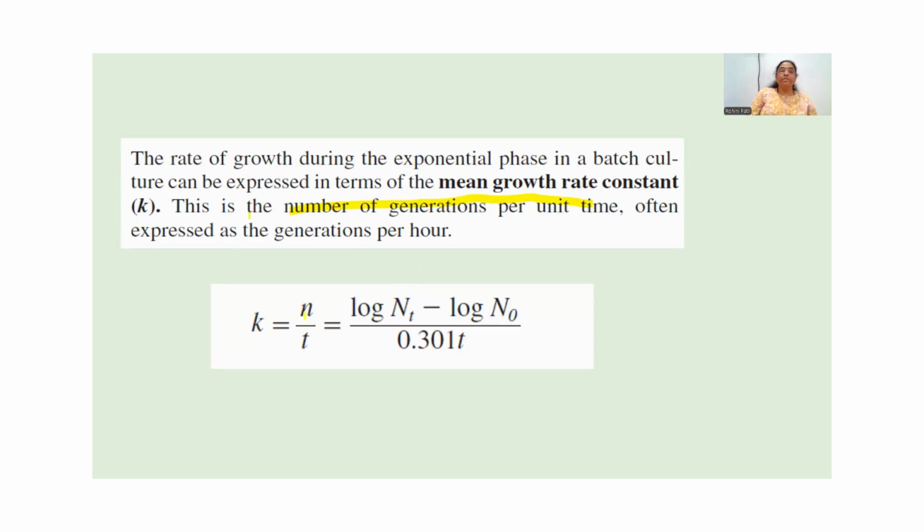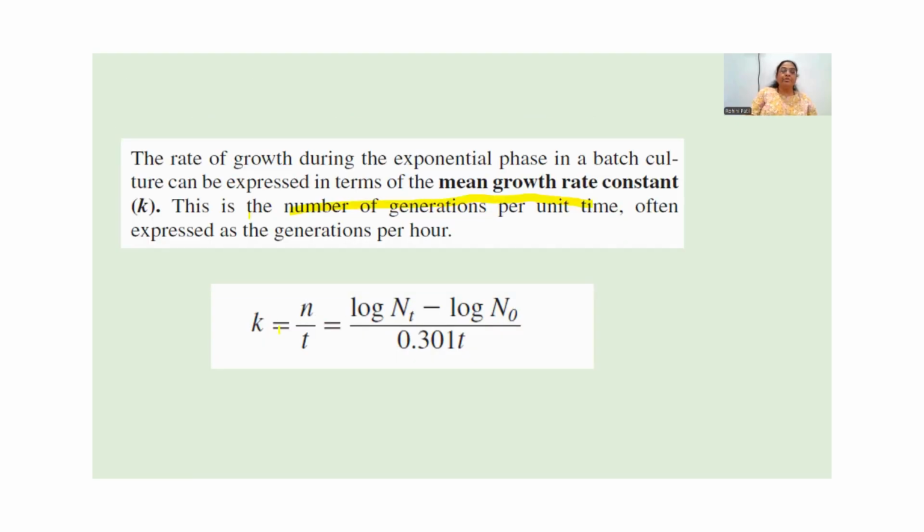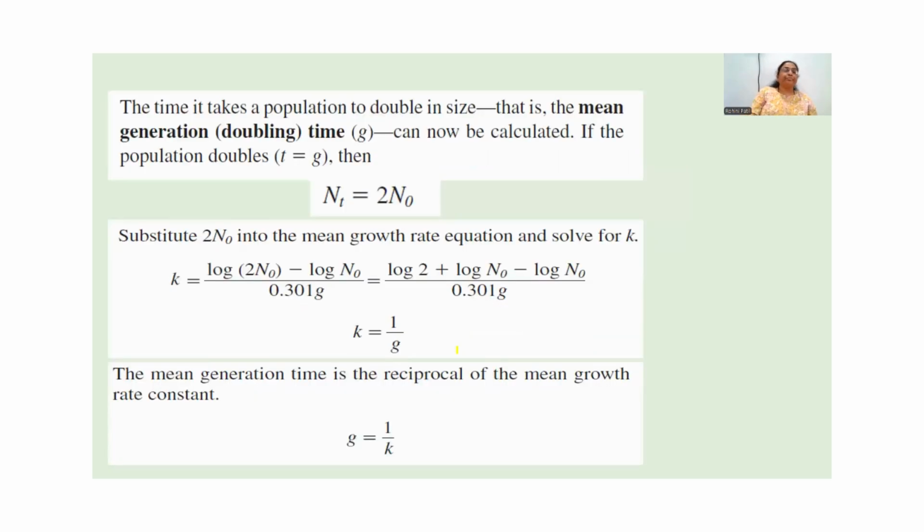Just now we have seen that n is equal to (log Nt minus log N0) divided by 0.301, so this value can be substituted in this equation. So k is equal to (log Nt minus log N0) divided by 0.301 × t. By this equation, you can calculate the mean growth rate constant, that is k.